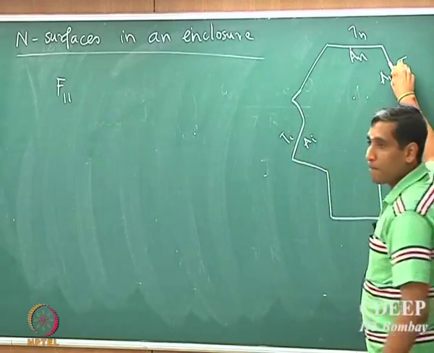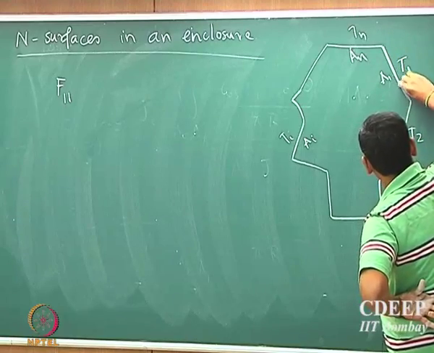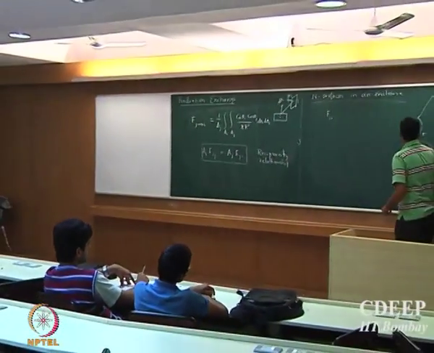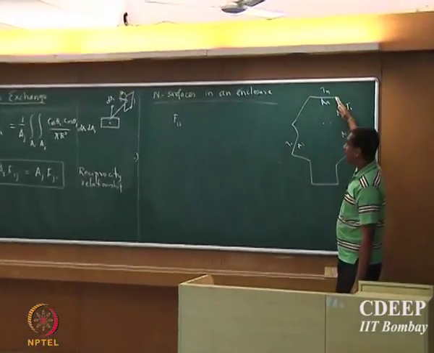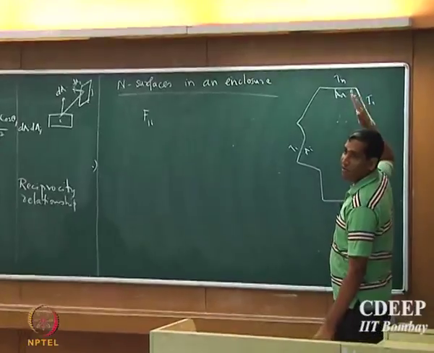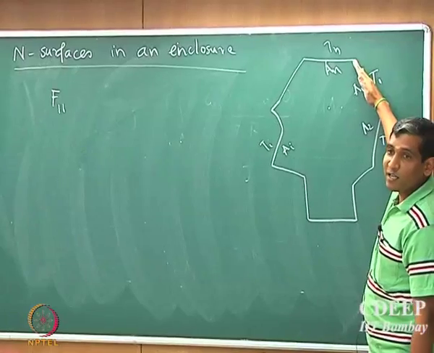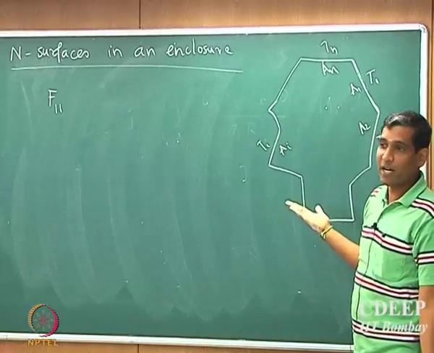What is F11? So supposing it is a planar surface, what is F11? Whatever emission is coming out of this planar surface is not going to be intercepted by itself because of the orientation, right.